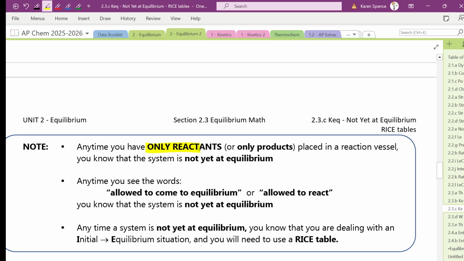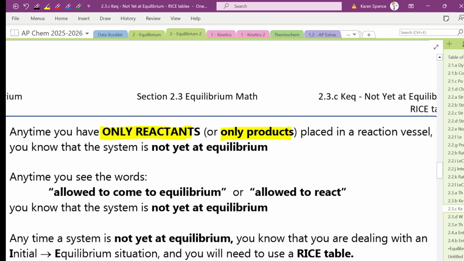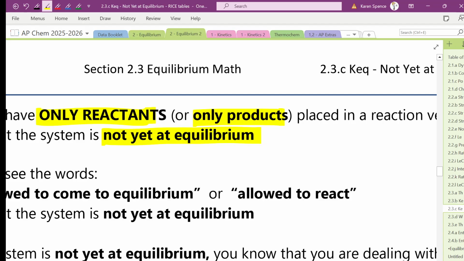Anytime you have only reactants or only products, you know that you are not yet at equilibrium. And if you are not yet at equilibrium, what should you be using? A RICE table.